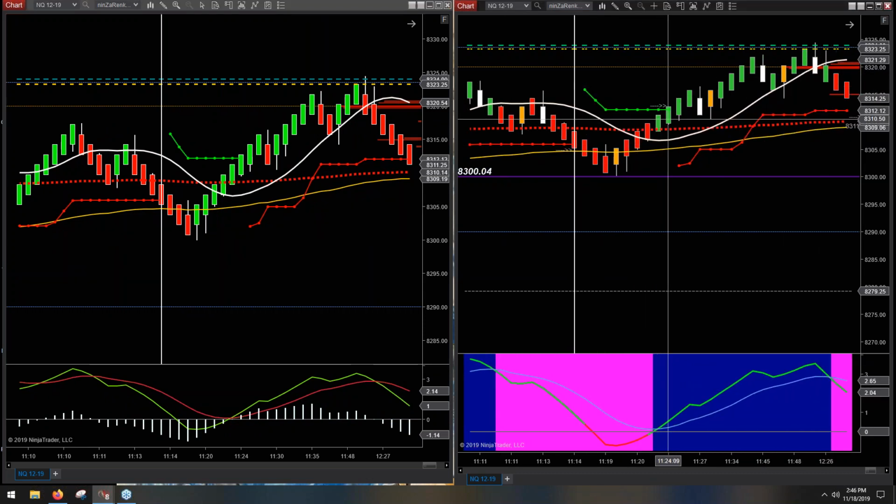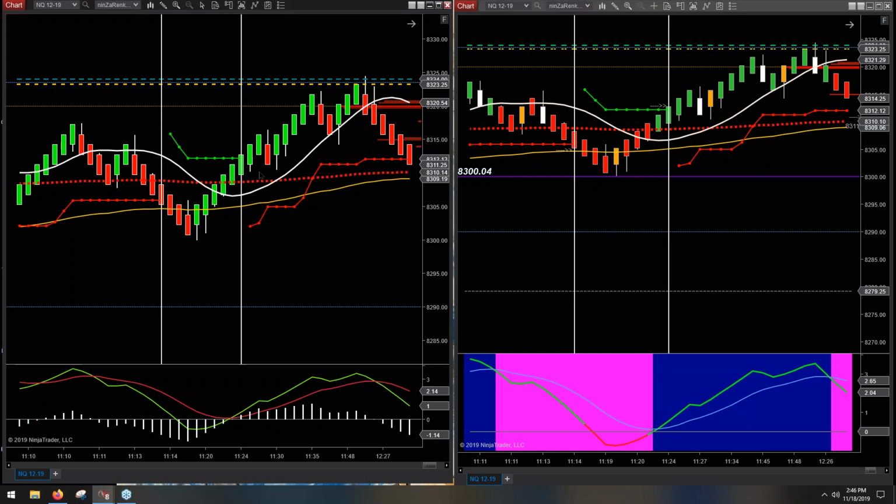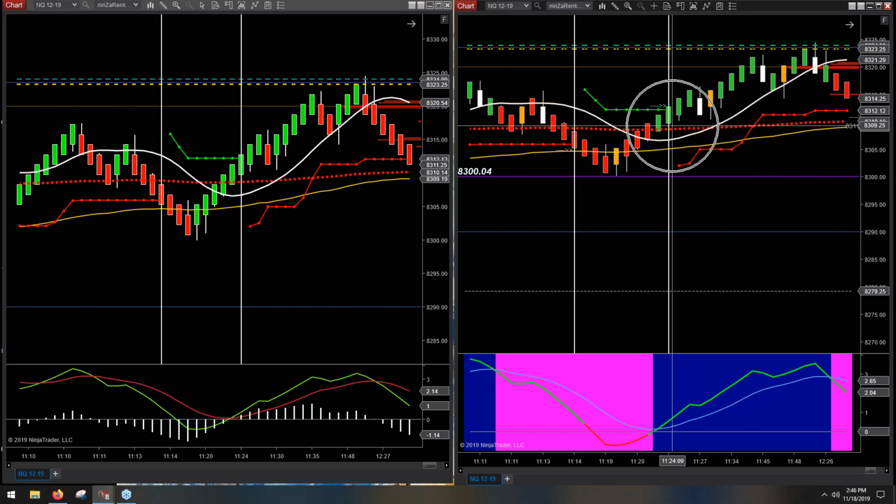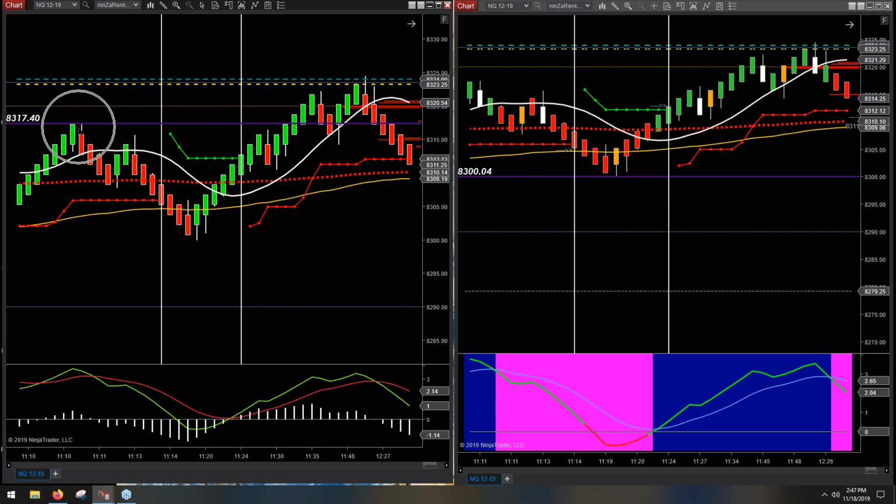Here you get another one right here. I'll mark them on both so you can see. And so the entry on that would be 13. And we can see, looking over to our left, that we had this reaction previously right here at 17. So we would know going in here, if we took this at 13, we'd have to be aware of that 17 last reacting here.